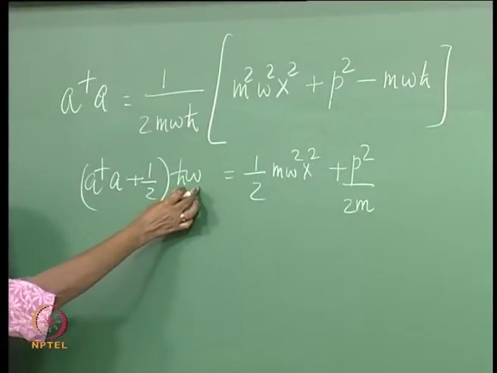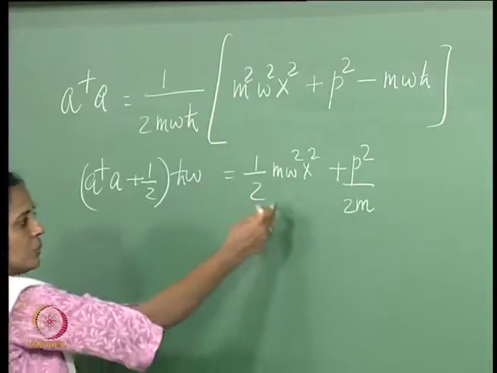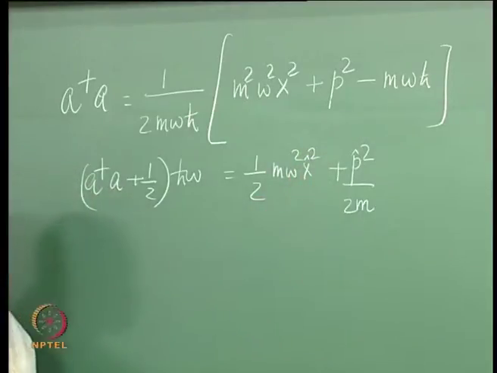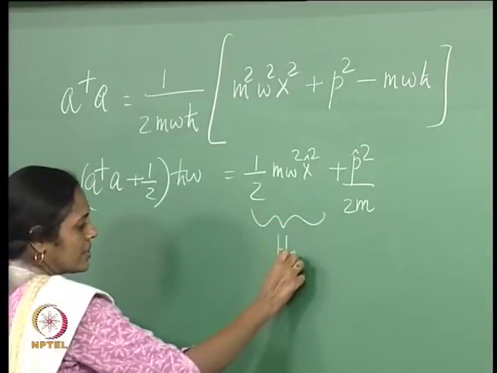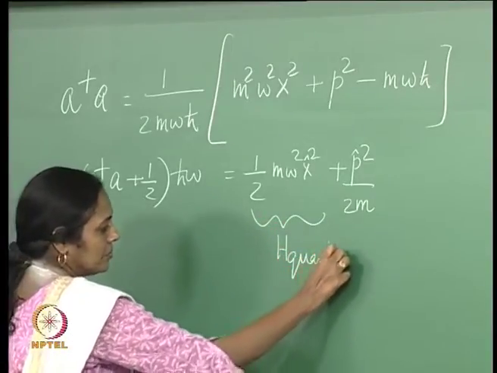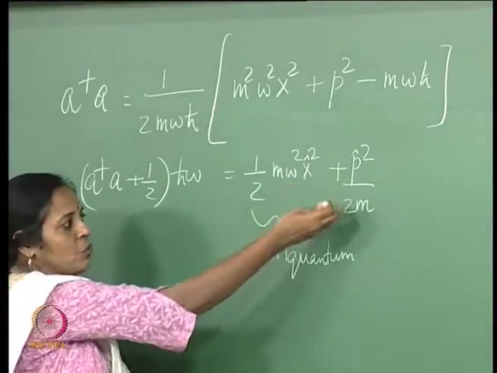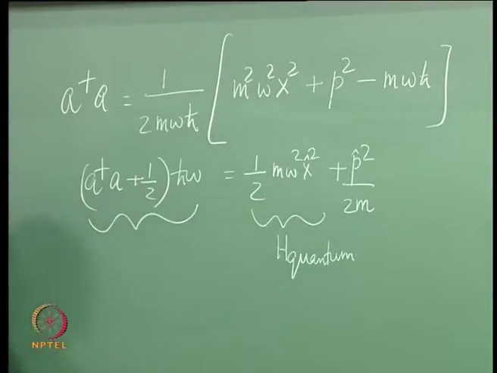Multiplied with h cross omega to give it dimensions, and that is simply the rest of it, which we recognize with the operator sign on top, with the hat there. This we recognize as H quantum. And so, you see, I can write the Hamiltonian for the quantum oscillator as p squared by 2m plus half m omega squared x squared, or as A dagger A plus half h cross omega.